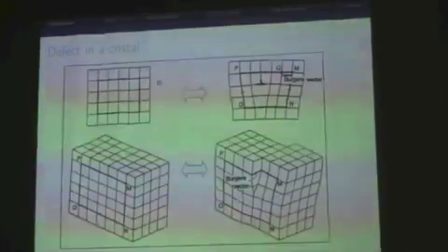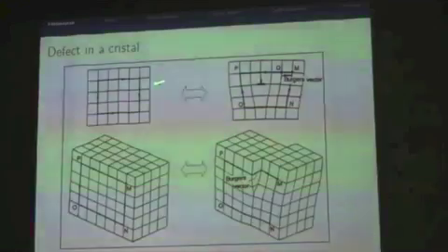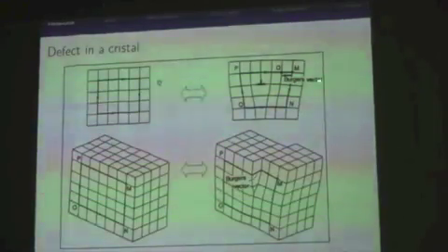So I will begin with some physical interpretation of defects, and as you already know, there is a typical defect that is called dislocation. Here you see a typical classical elastic medium, and here it's the same medium with a dislocation, what we call an edge dislocation.